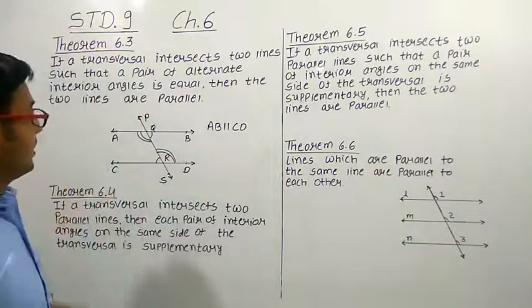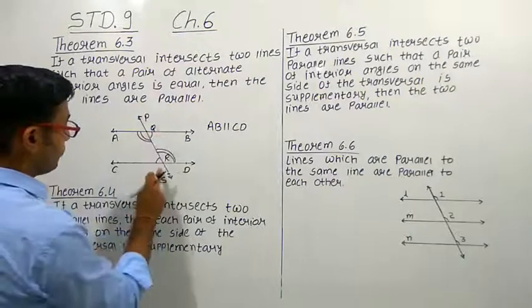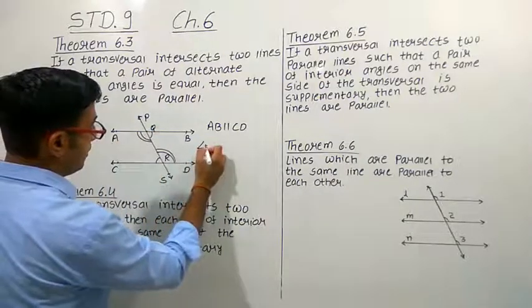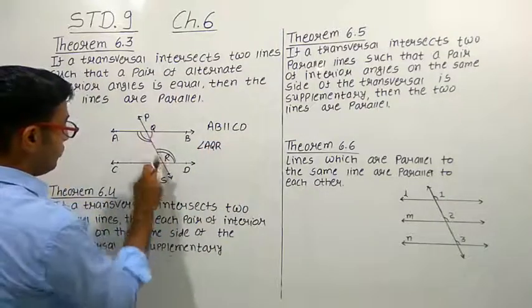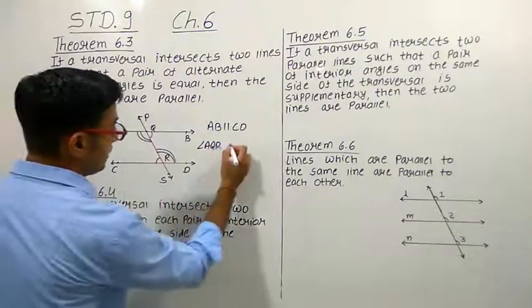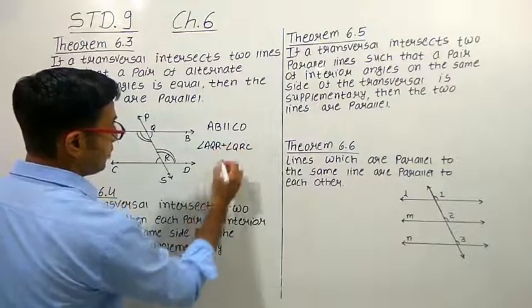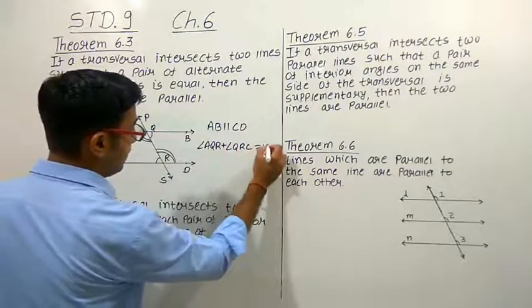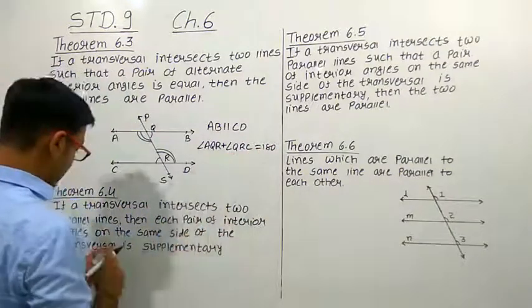If we consider the left hand side angles, we can take angle AQR and angle QRC. If we add them, we get 180, because both these angles make a pair of supplementary angles.